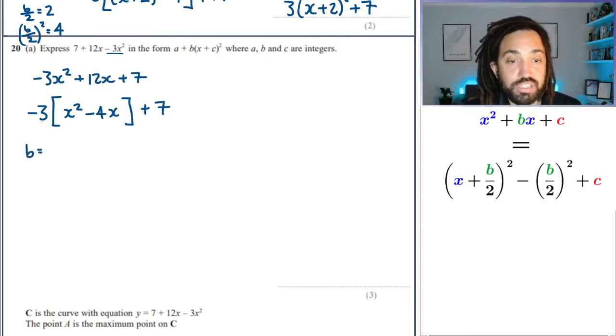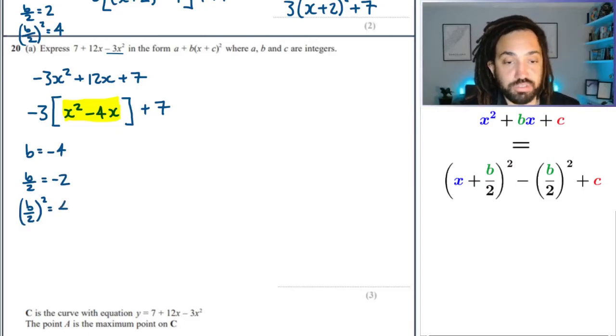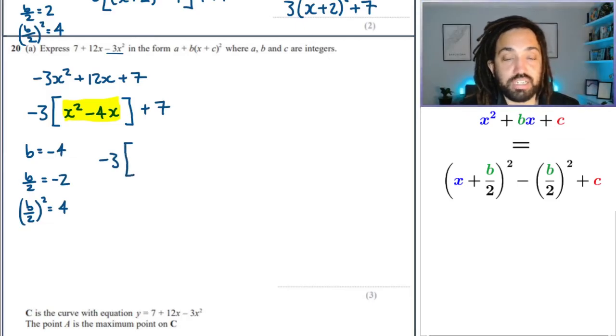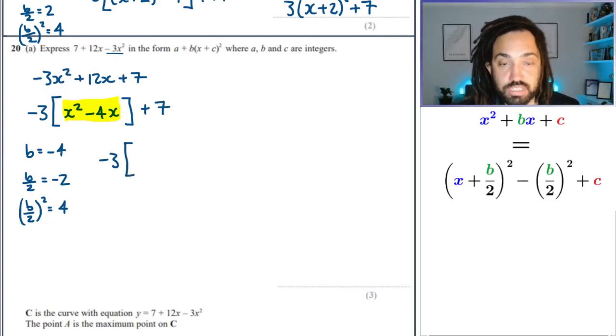Okay, so I write the b term of this 2-term quadratic here is minus 4. So the b term halved is minus 2, and then the b term halved and all squared is minus 2 times minus 2, which is 4. Great. So I can write minus 3 big square bracket, and then I can complete the square of this 2-term quadratic.